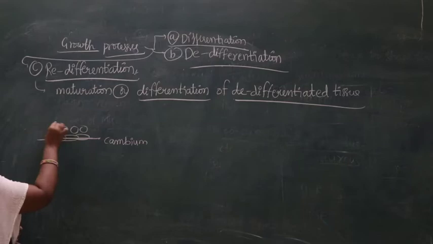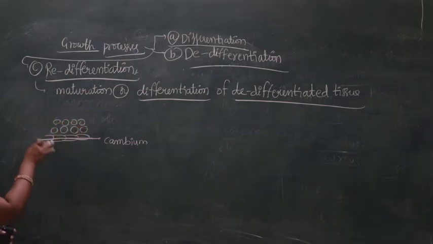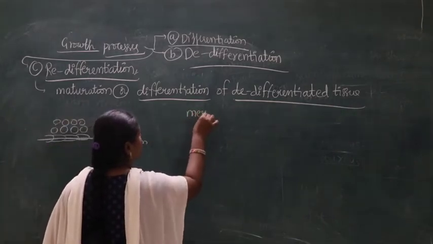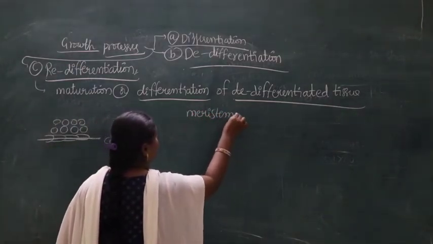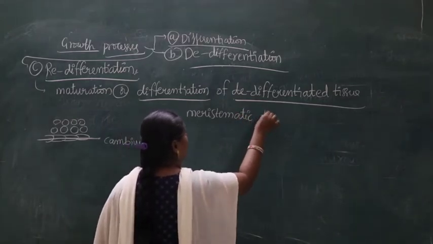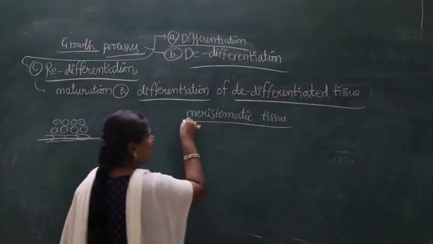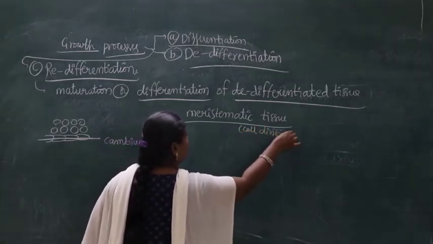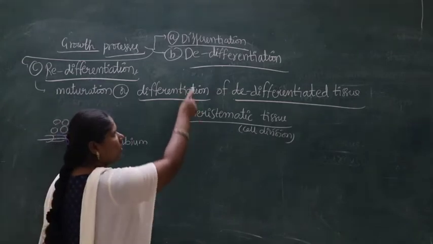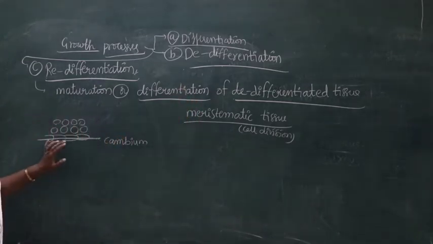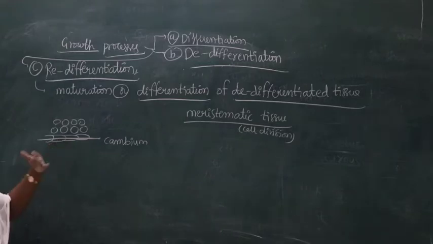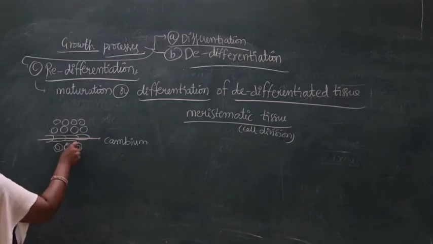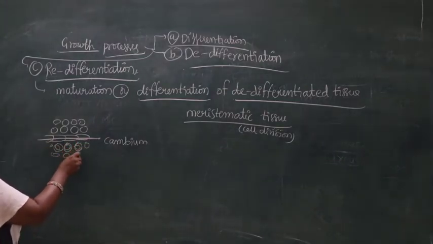What new cells are produced here? Meristematic cells, meristematic tissue. What is meristematic tissue? The tissue undergoing the process called cell division. Now, this meristematic tissue, what did you study in de-differentiation? This permanent tissue once again becomes meristematic and starts dividing cells on either side.